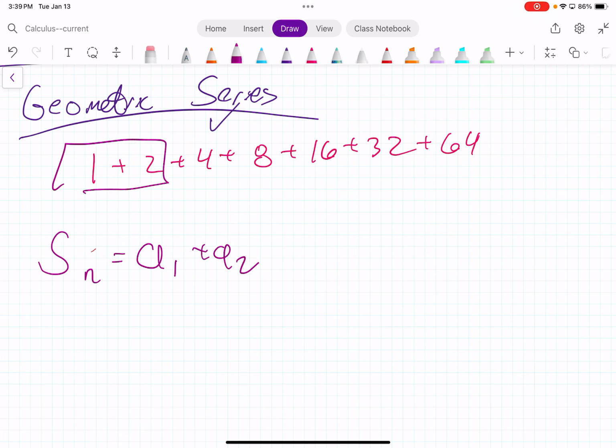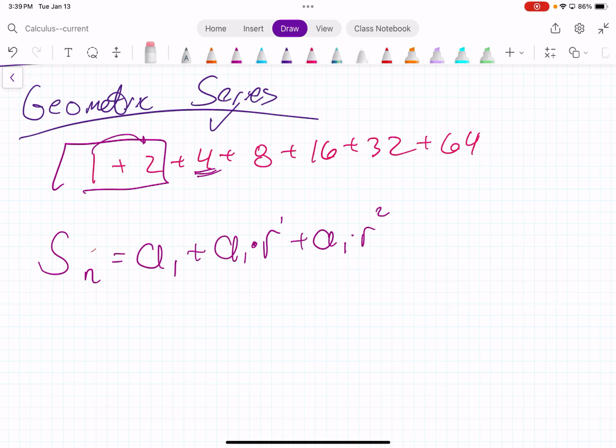But I could just as well say plus a sub 1 times r to the first. That next number I would multiply by whatever r is. So I could say plus a sub 3, or I could say a sub 1 times r squared, right? Isn't that really a sub 3?